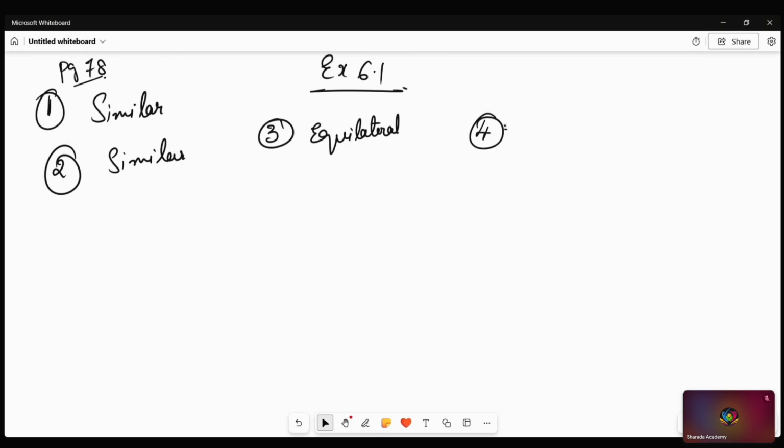Fourth one. What is the answer? Two polygons of the same number of sides are similar if their corresponding angles are equal. What about the second one? If their corresponding sides are proportional.